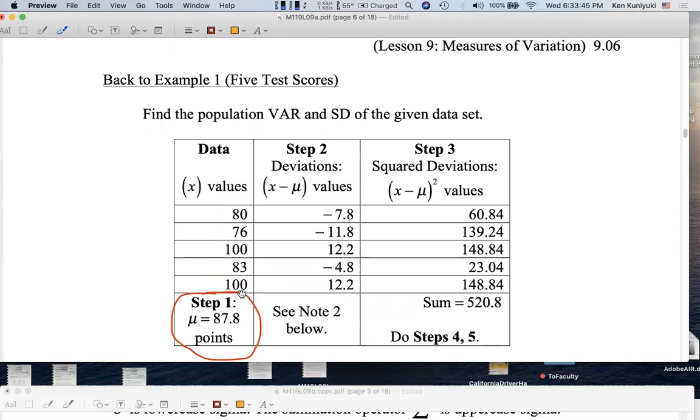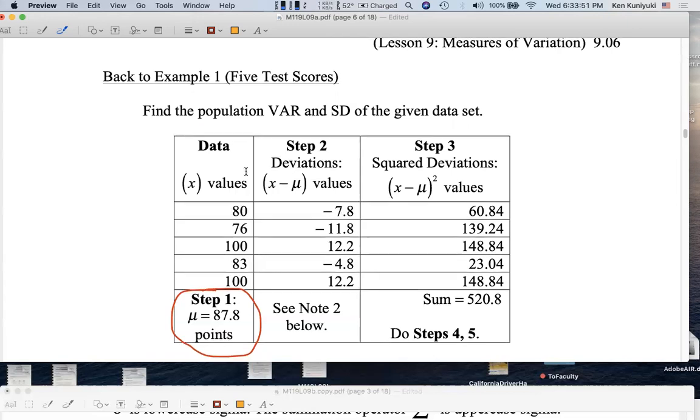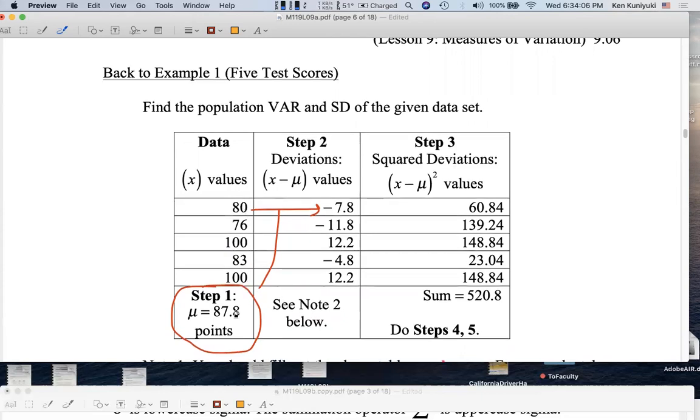And then what do we do? We find the deviations of these scores from the mean by subtracting off the mean. So 80 minus 87.8, we're subtracting off the 87.8 here. That's negative 7.8 points. The fact that this is negative indicates that the 80 points was below the mean.